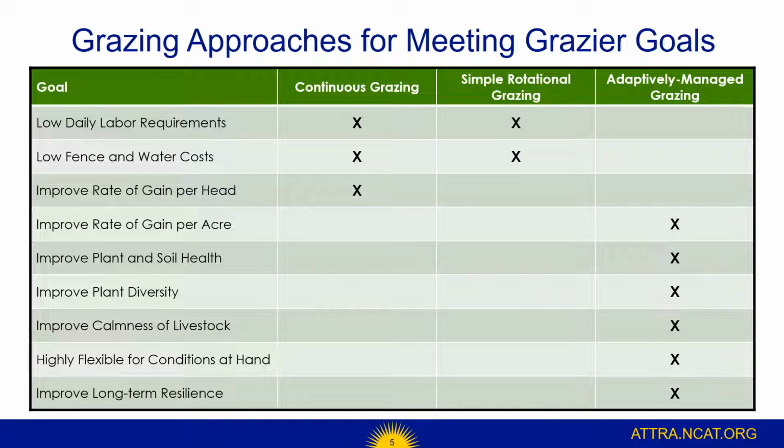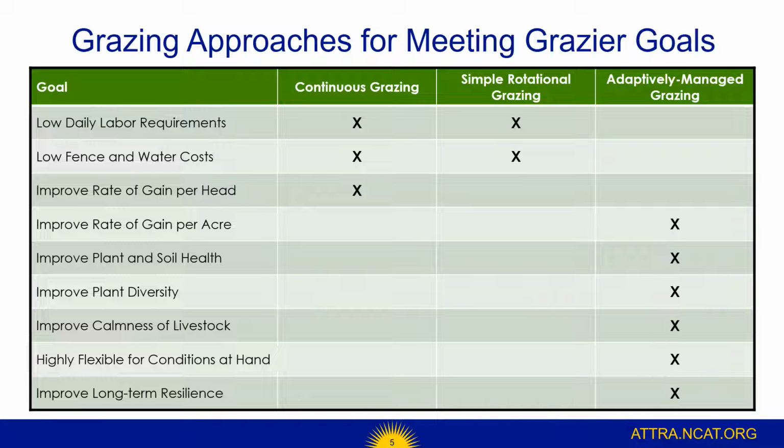And if we're not taking all of that into consideration, then we're probably not going to be able to get matched up to the right type of grazing system that's going to meet all of your land, animal, and personal objectives.